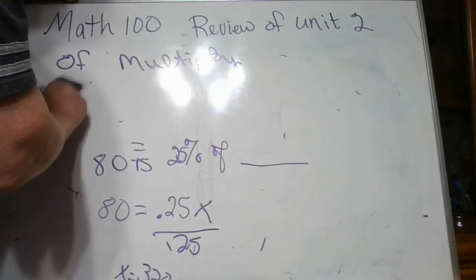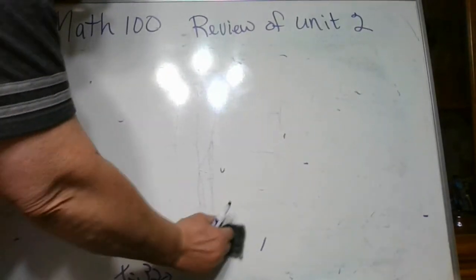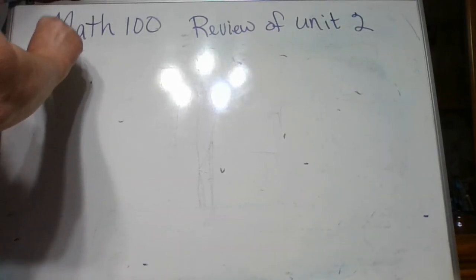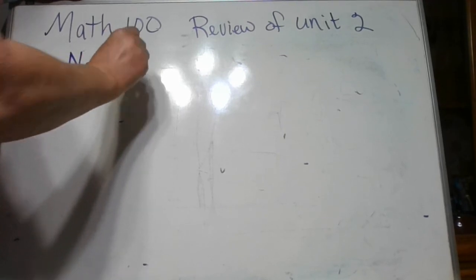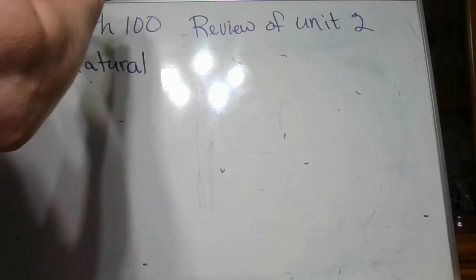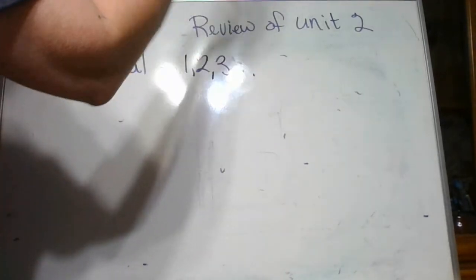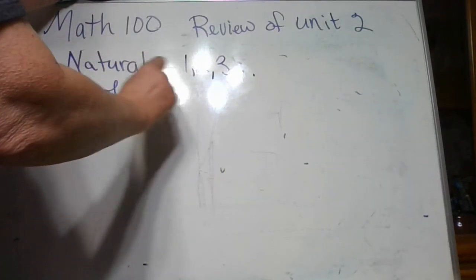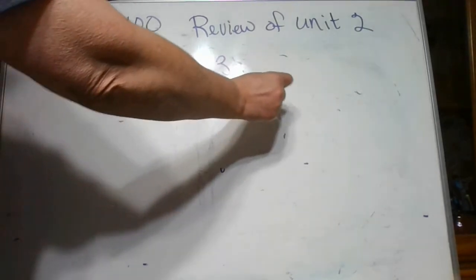And one more thing I want to remind you of is natural numbers. If I ask you to count, I believe Aaron, I asked you to count when we were talking about this, you said 1, 2, 3, and so forth, and that was perfect. Then we did the whole numbers, which includes 0, 1, 2, 3, and so forth.